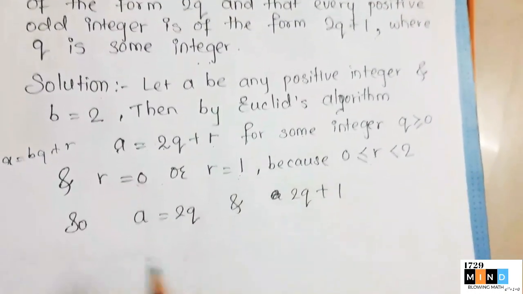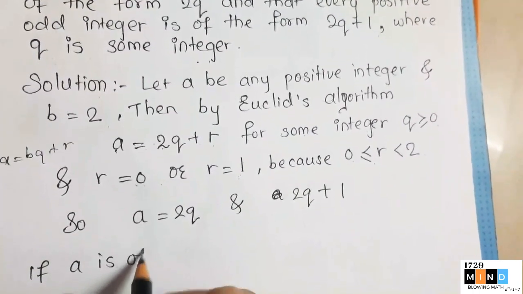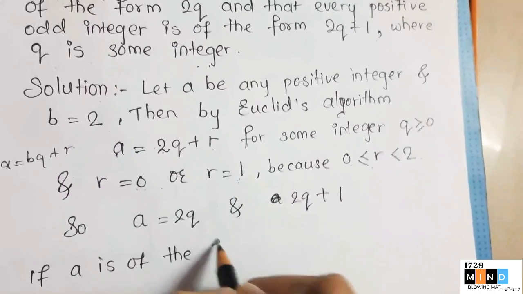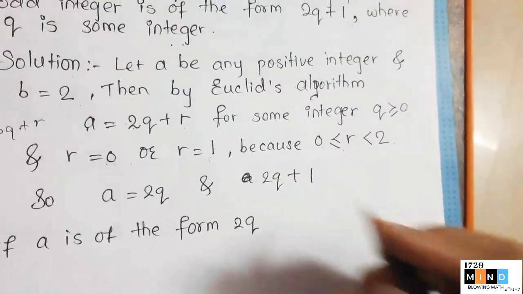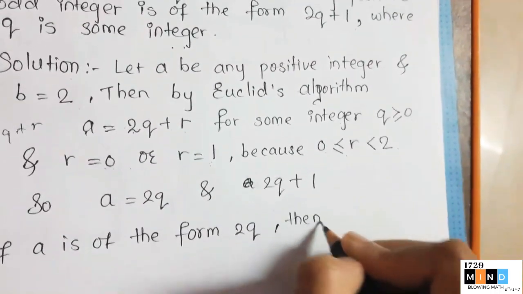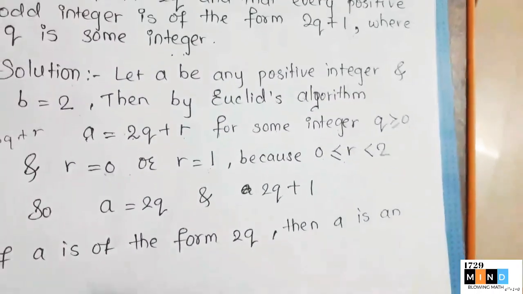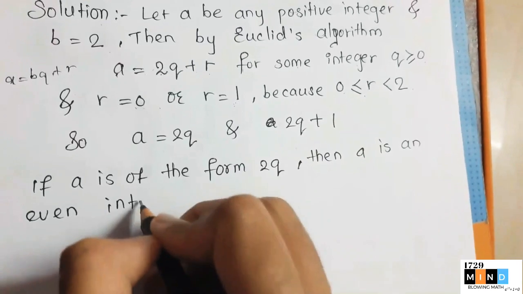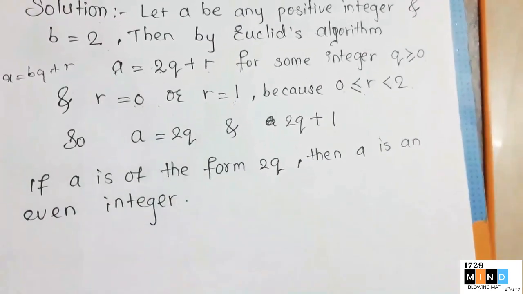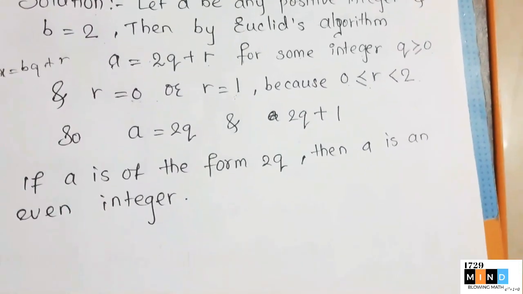Okay, so suppose a is of the form 2q, then a is an even integer.